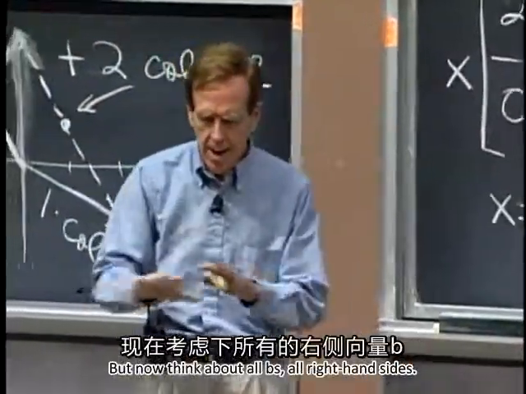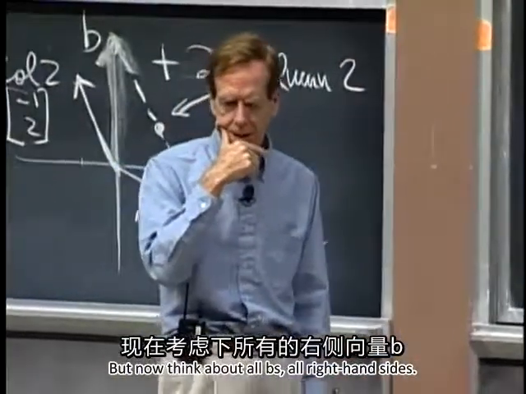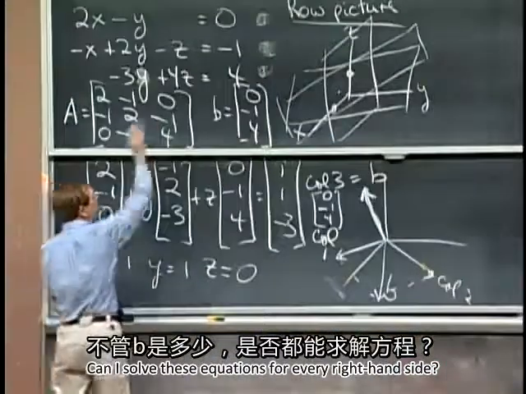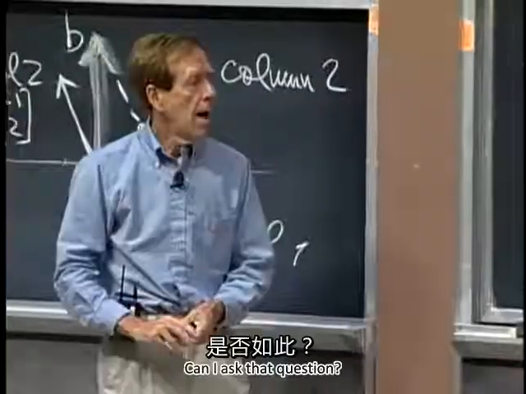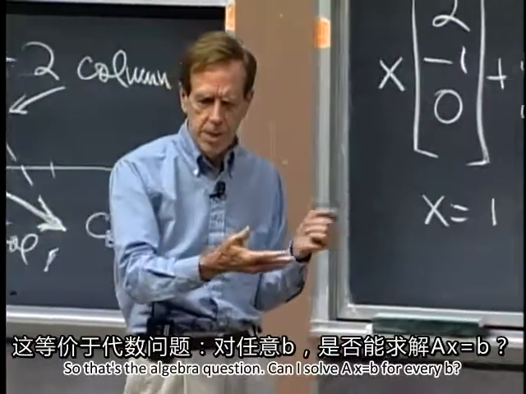Okay, so we squeezed in an extra example. But now think about all B's, all right-hand sides. Can I solve these equations for every right-hand side? That's the algebra question.